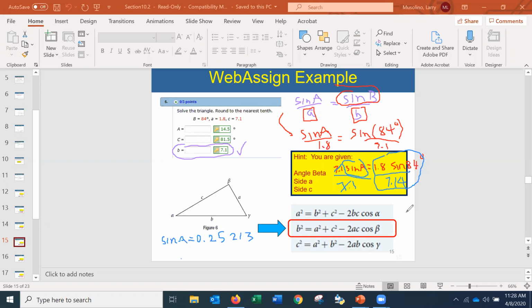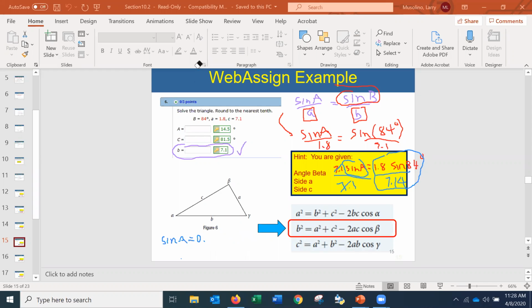Because remember, we ended up with 7.14 that we rounded to 7.1. So when I do that, let me fix my decimal number because I just wanted to make my answer a little more precise.